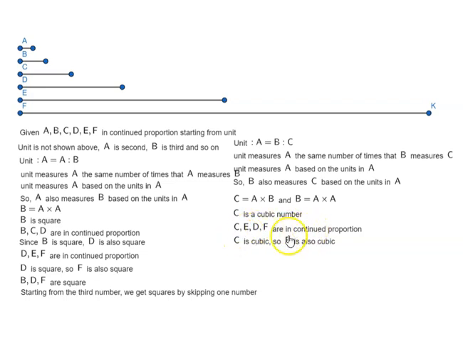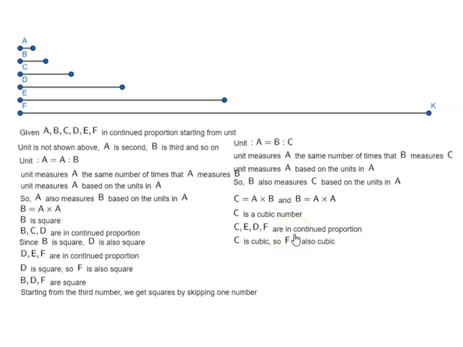In a continued proportion of 4 numbers, if the first one is a cubic, the last one is also a cubic. Similarly, if we had some more numbers, then we could have taken, let's say, F, G, H, I. We could have taken the next 4 numbers.